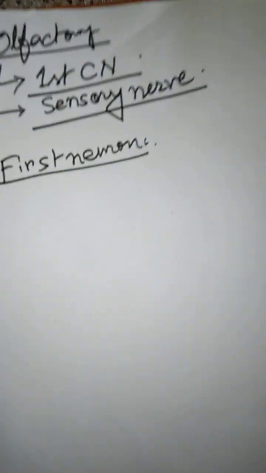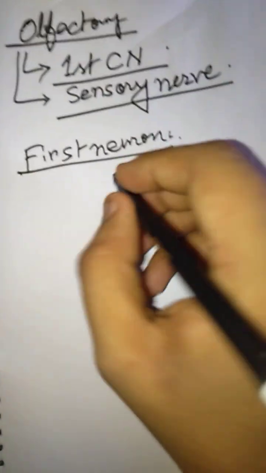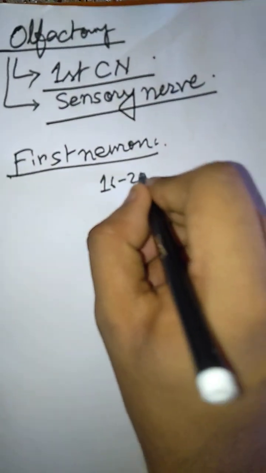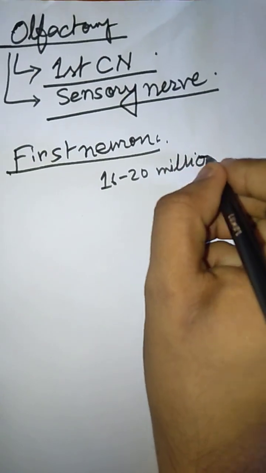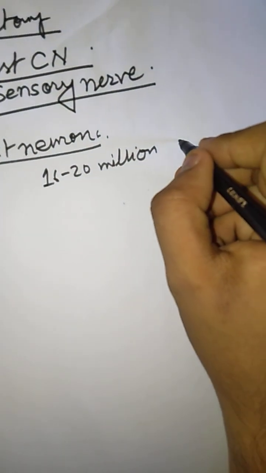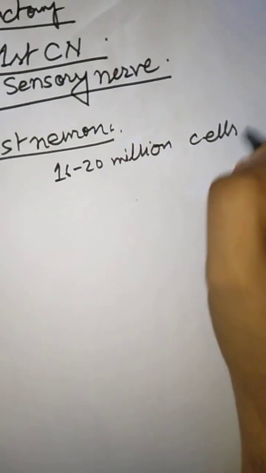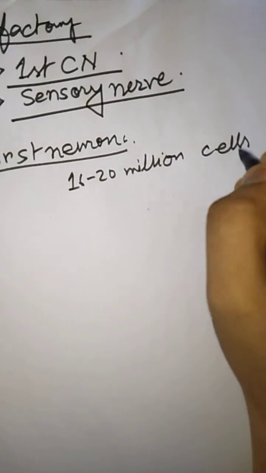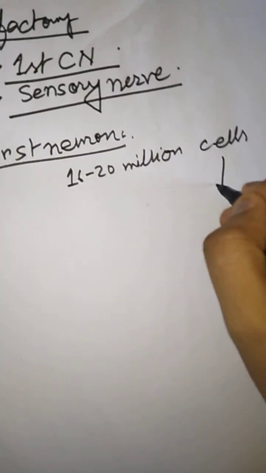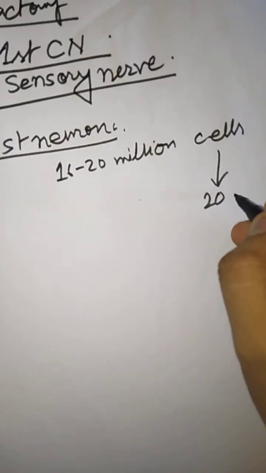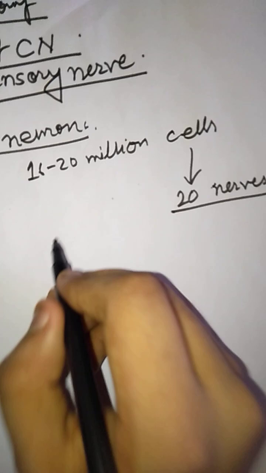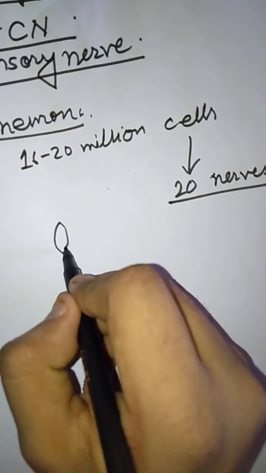First of all, I have discussed in the past video that 16 to 20 million olfactory cells are present, and in one cell there are approximately 20 olfactory nerves. These olfactory nerves are bipolar.